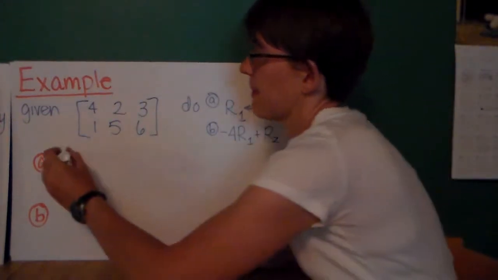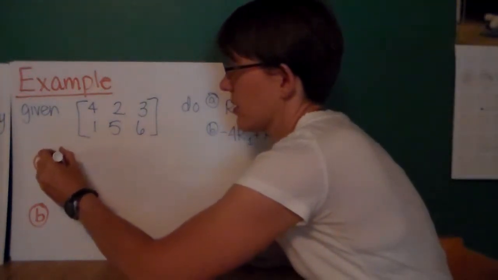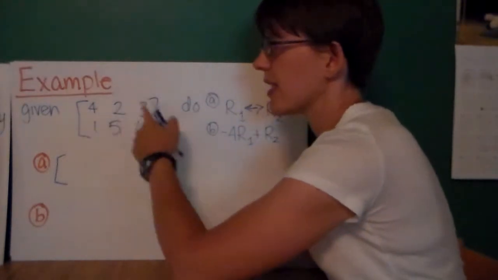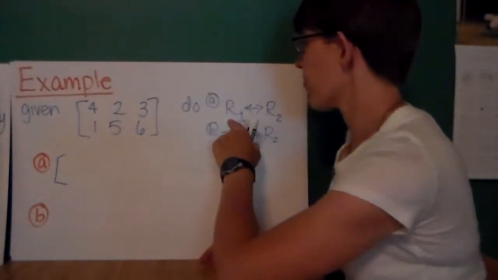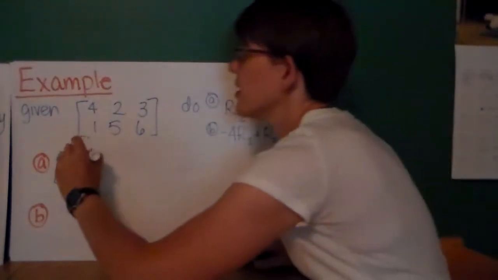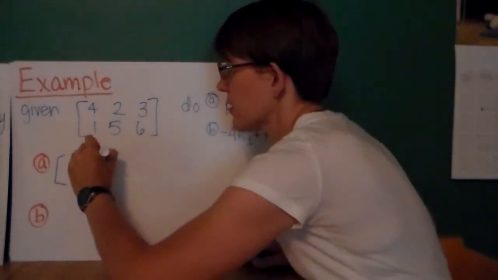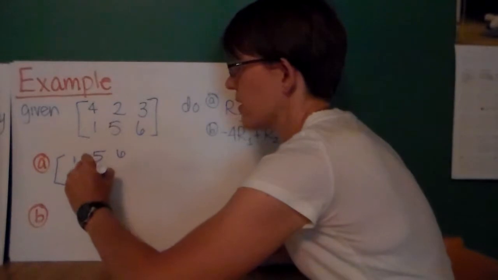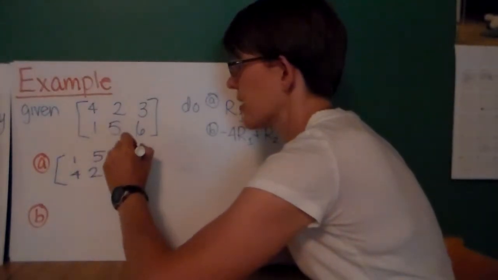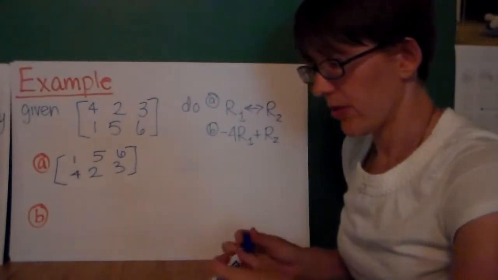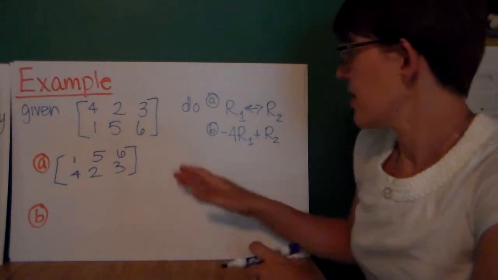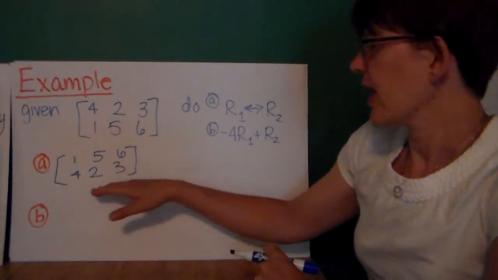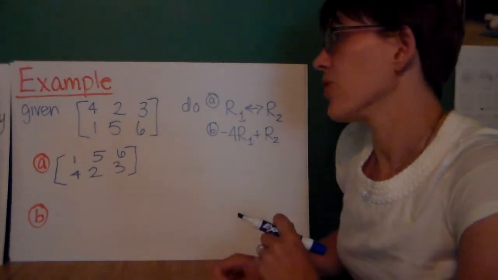So, after I take this matrix and I swap row 1 with row 2, I'm going to get 1, 5, 6 in my first row and 4, 2, 3 in my second row. So now I've carried out that swap of row 1 and row 2.